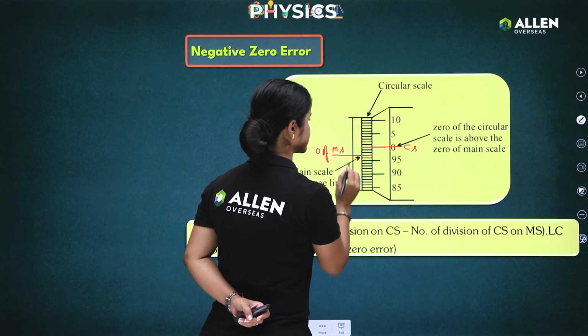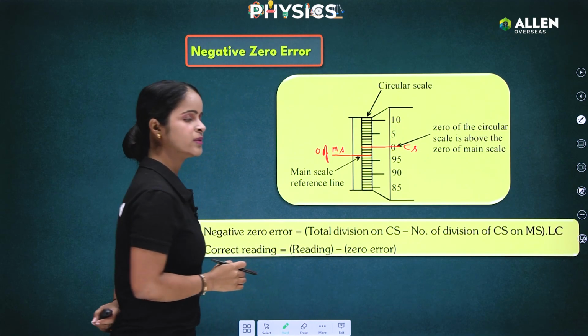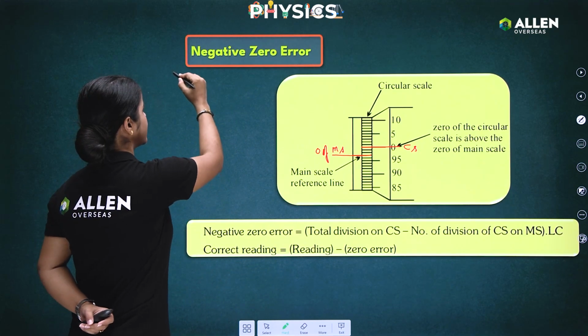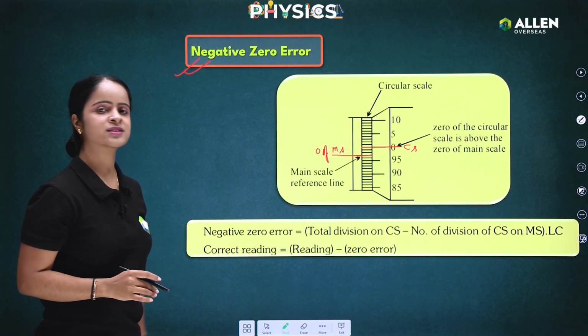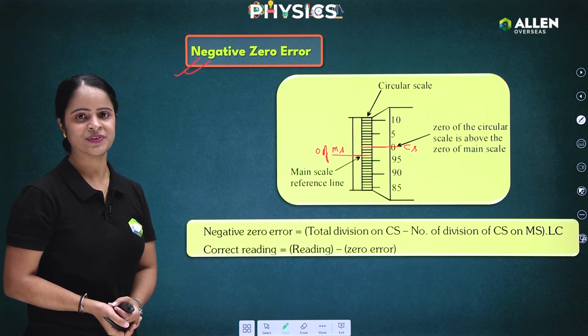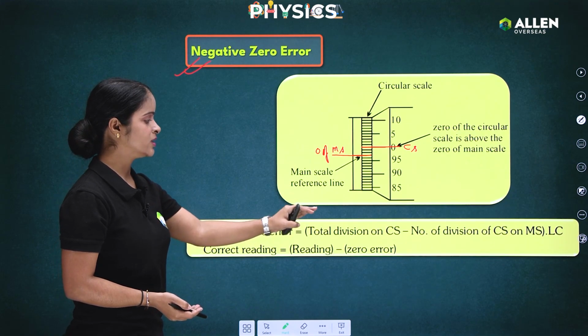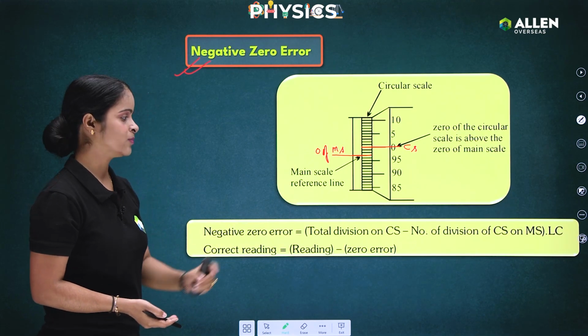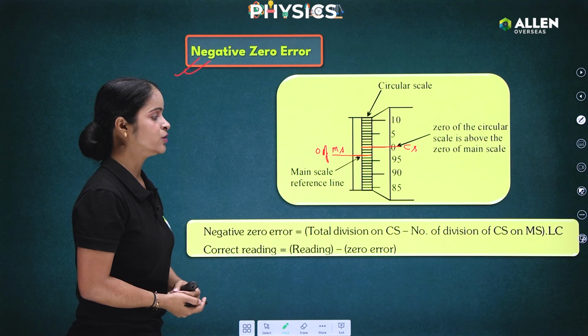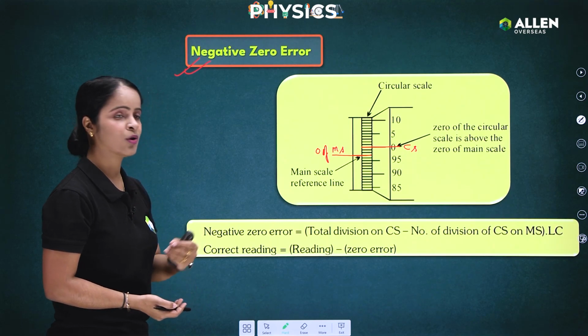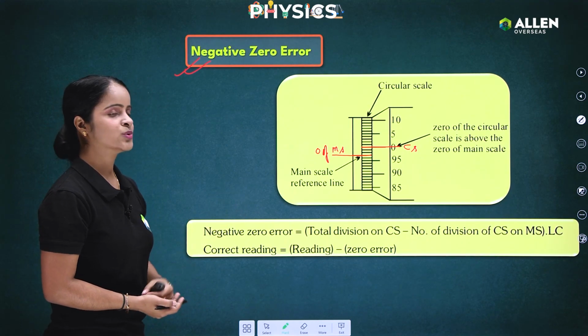This situation will be considered negative zero error. Here is the formula for its calculation: negative zero error is equal to total divisions on circular scale minus number of divisions of circular scale on main scale, into least count.